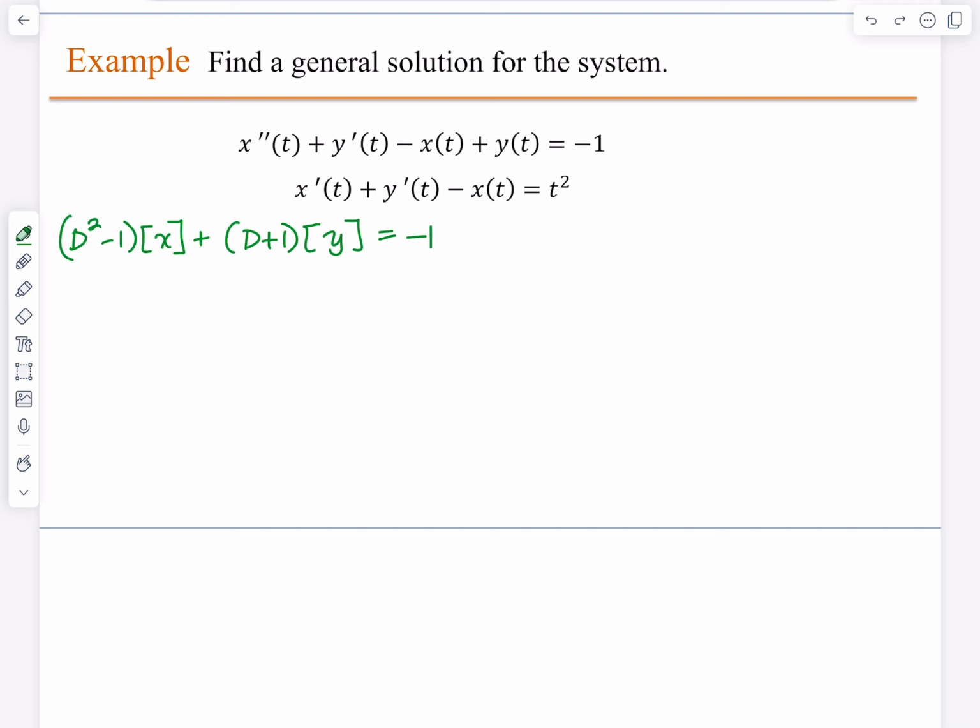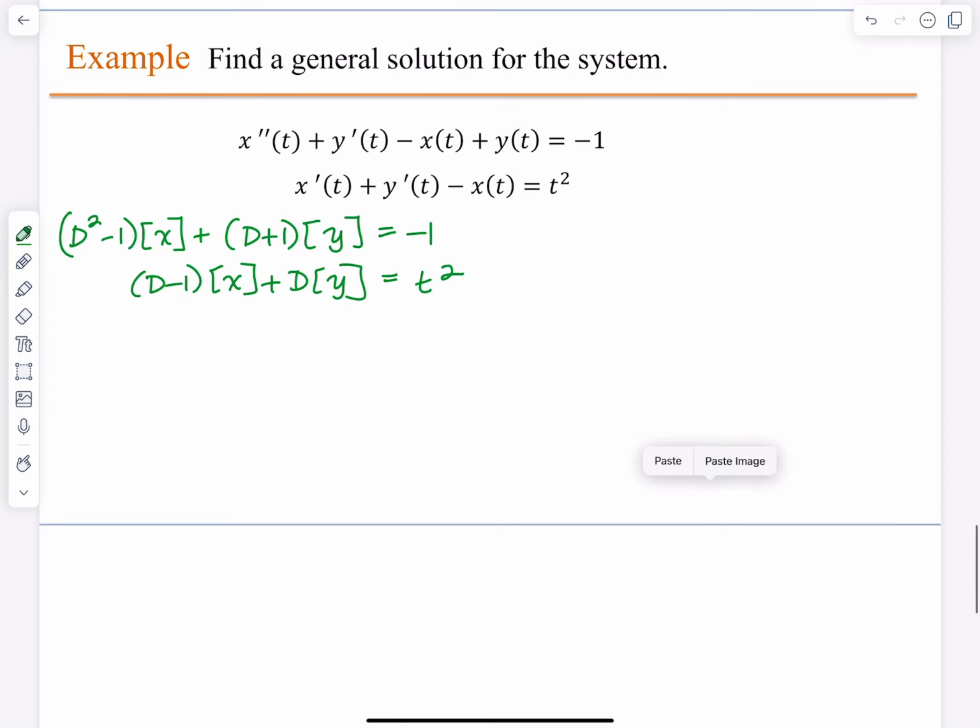Let's go ahead and write our second equation in the same manner. We have the derivative and then x, so we will have (d minus 1) of x plus d of y is equal to t squared.